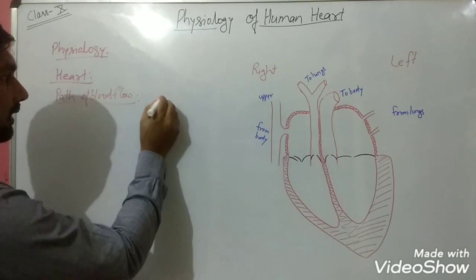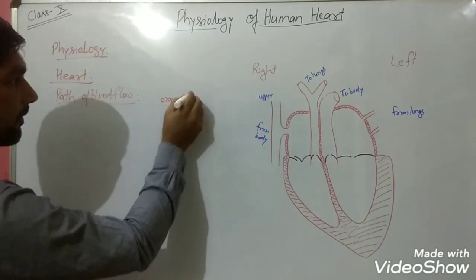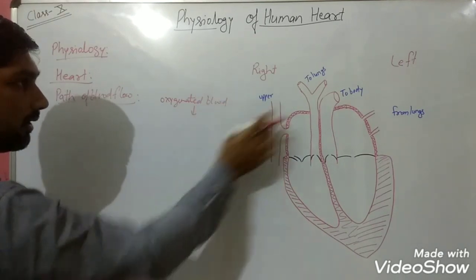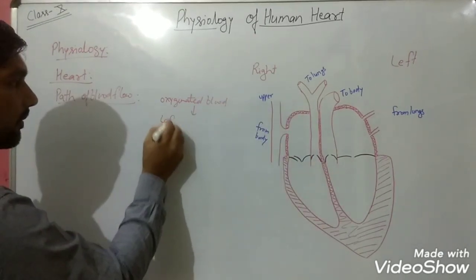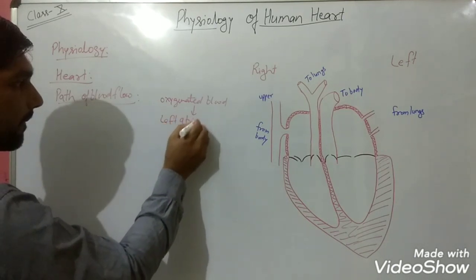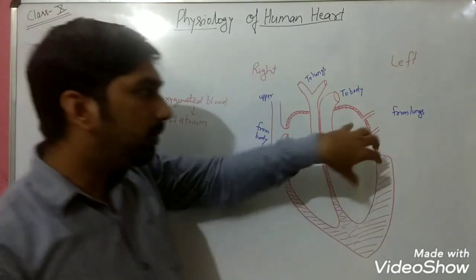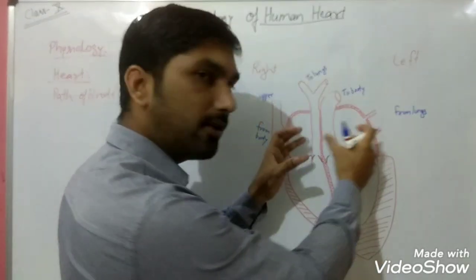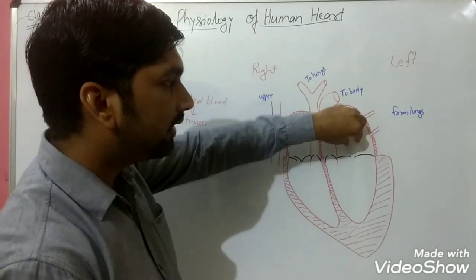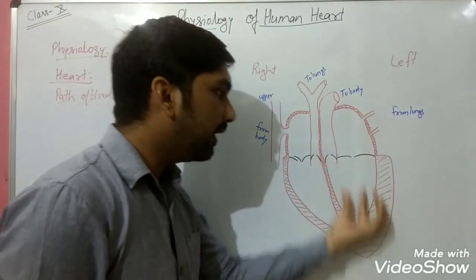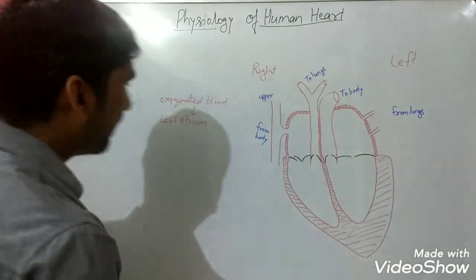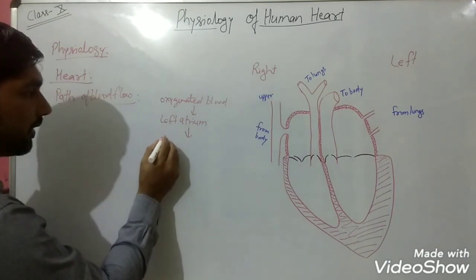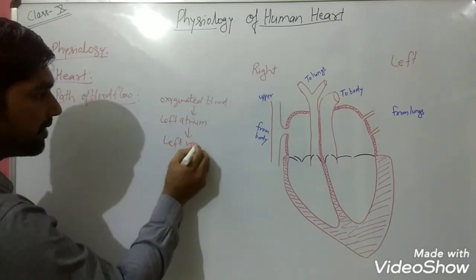So oxygenated blood enters the left atrium. When it is completely filled, it contracts. During the contraction, the valves are open, so the blood flows from the left atrium into the left ventricle.